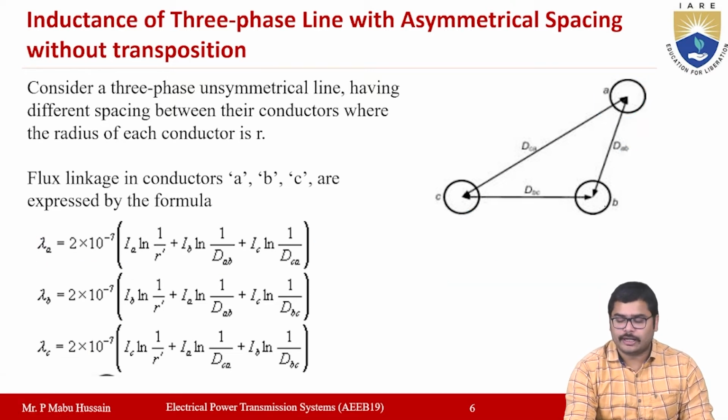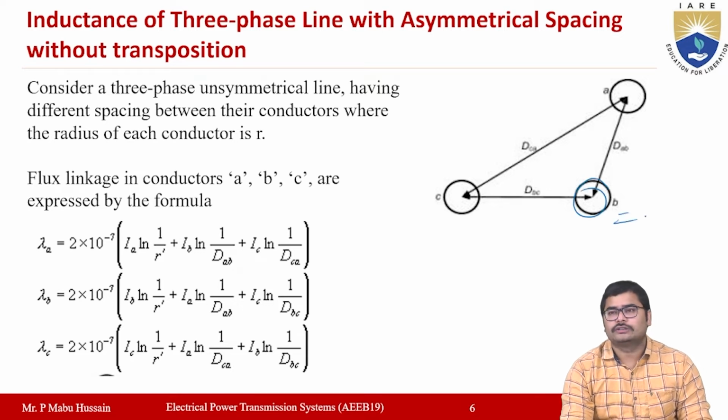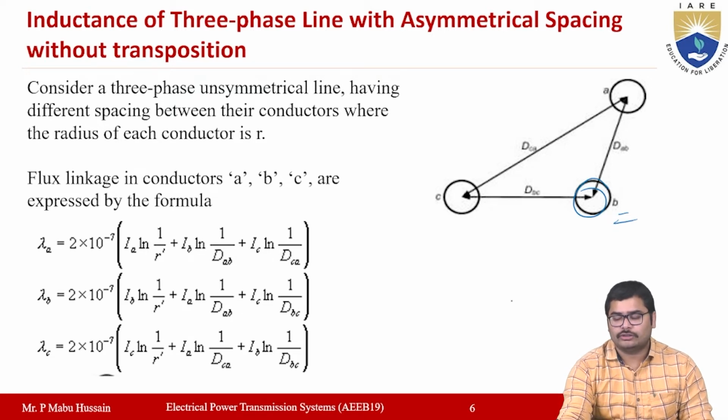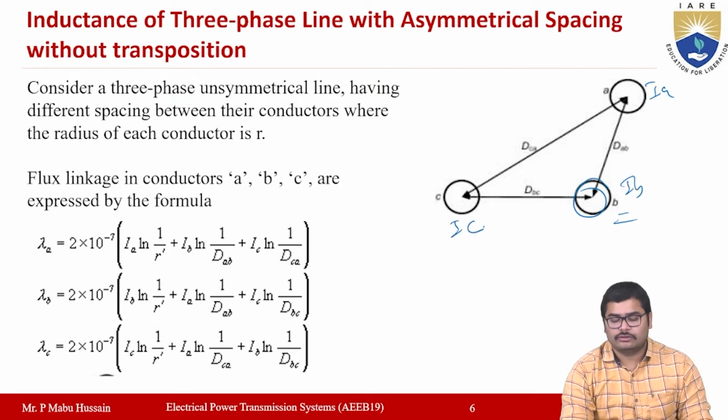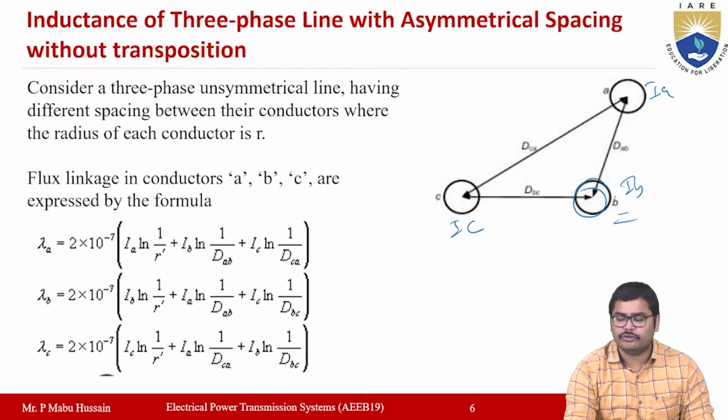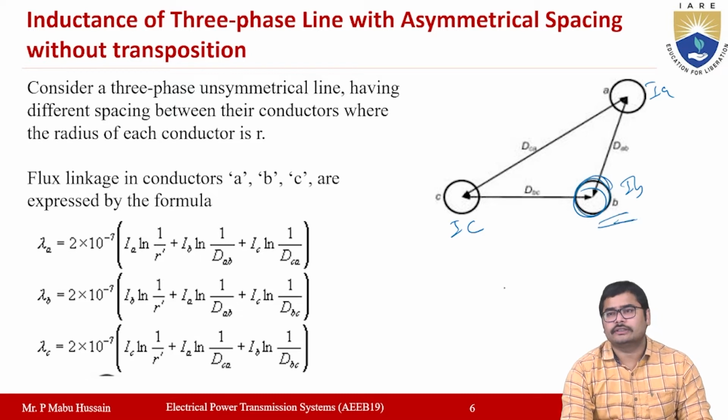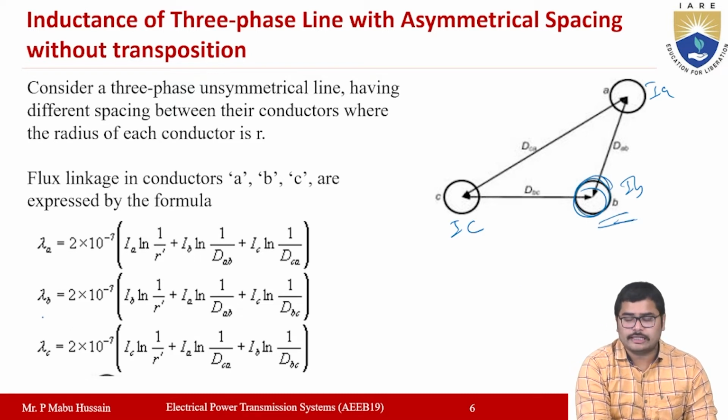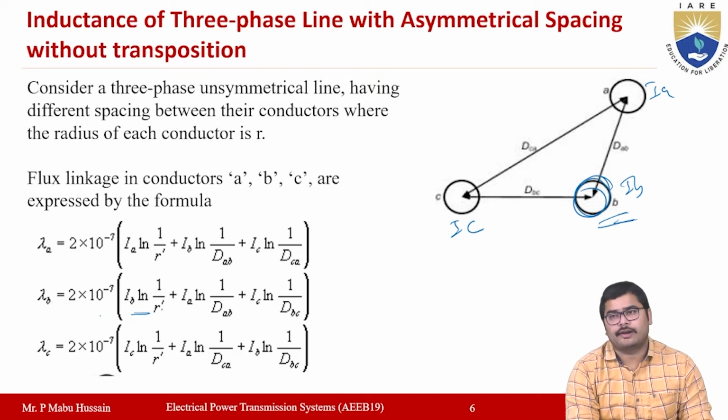So if you take conductor B now, what are the flux linkages of conductor B due to the current flowing in all the three conductors? So all the currents you have to take, IA, IB, IC. Now if you take its own current first, then the flux linkage lambda B is equal to 2 into 10 power minus 7 into, for the same current, IB, IB into ln 1 by R dash.